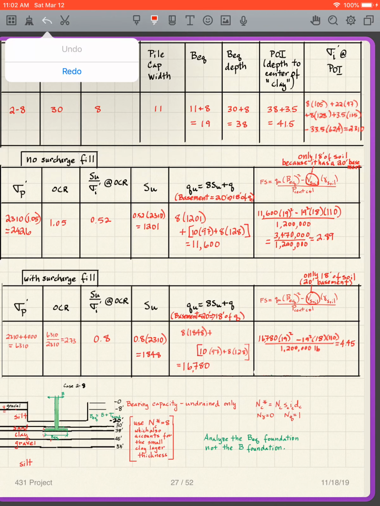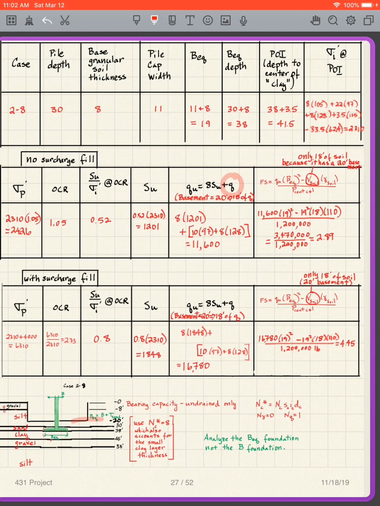So when we get our Q, well, our Q is what? Well, now I have this basement here. It's a 20-foot basement, so I only have 18 feet of soil there. So a little bit conservative, but we're going to just say that it's a big open space.